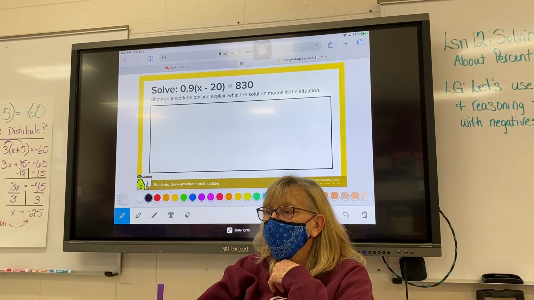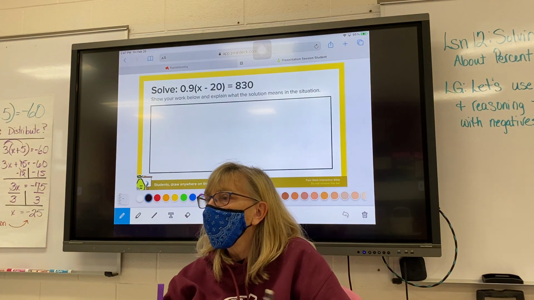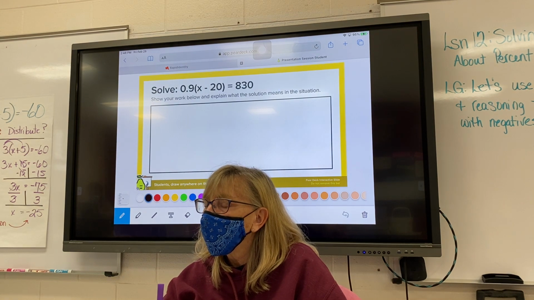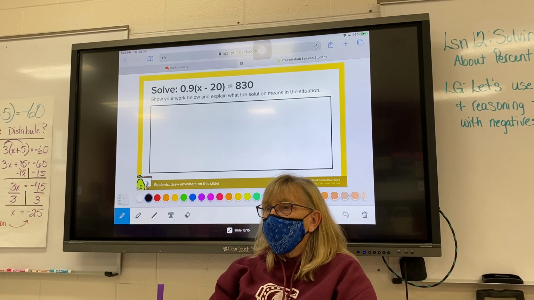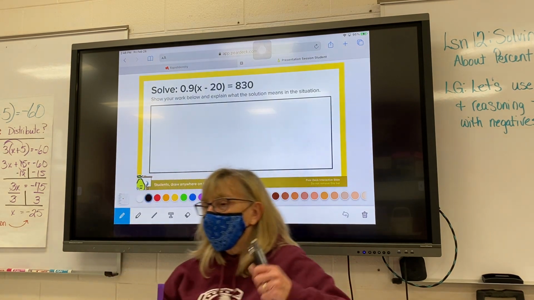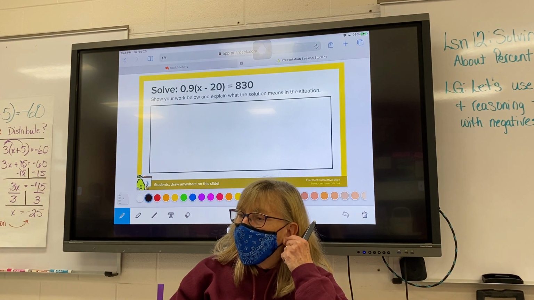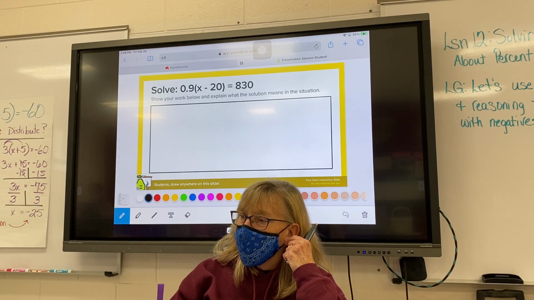Haley, don't forget that when you change it to addition, you've got to take the opposite of 20. Just put a negative sign up above it. There you go, and put your parentheses back in there. Yeah. There you go. Okay, now you want to get rid of parentheses.